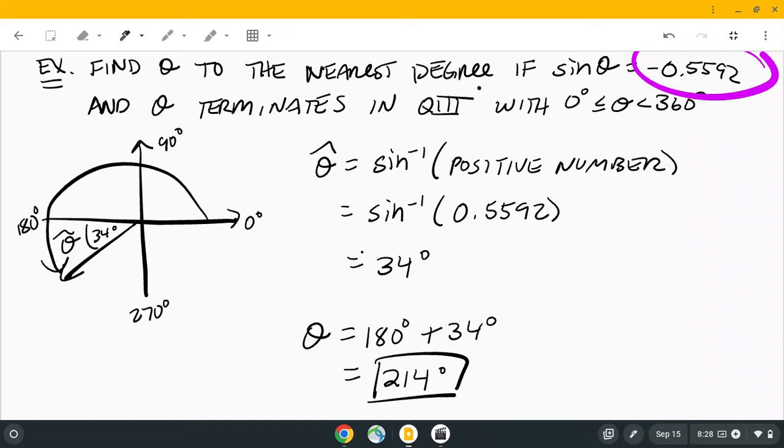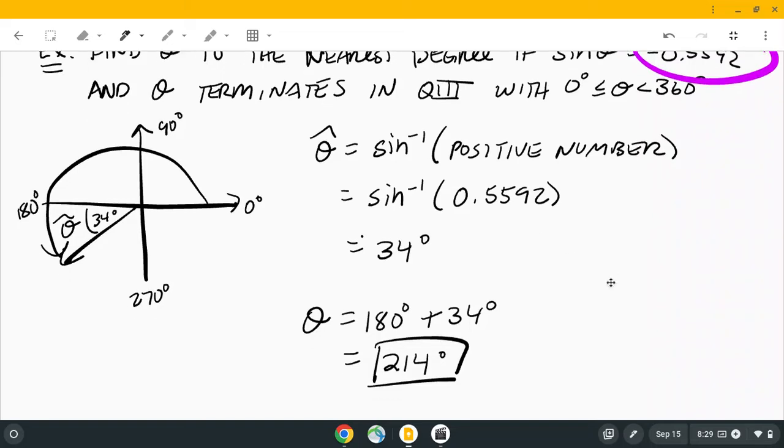I know it's in quadrant 3, so I just drew this angle terminating here in quadrant 3. I took the sine inverse of positive 0.5592. I got 34 degrees, actually some decimal, but we have to round to the nearest degree. And so I know what the reference angle is, and if I know the reference angle, then I can find the actual non-acute angle.